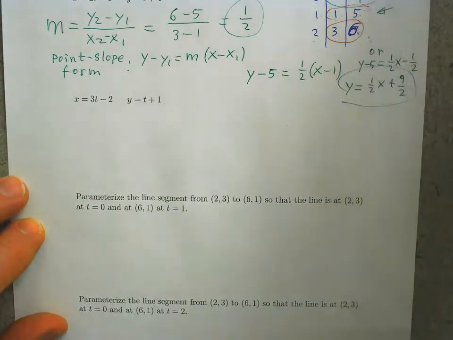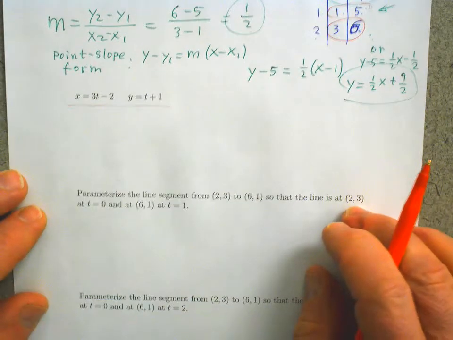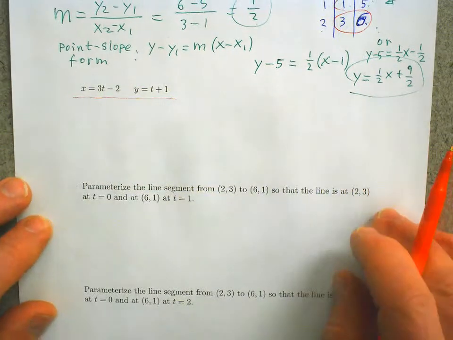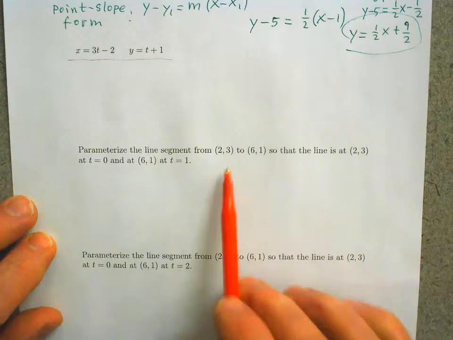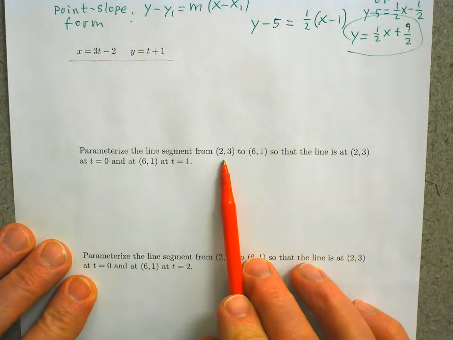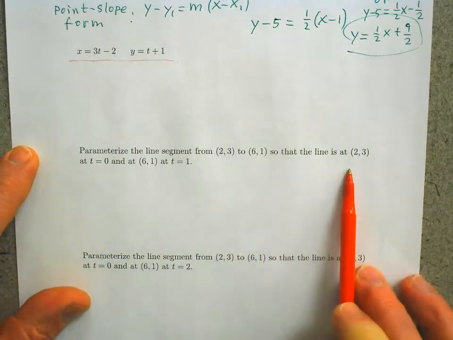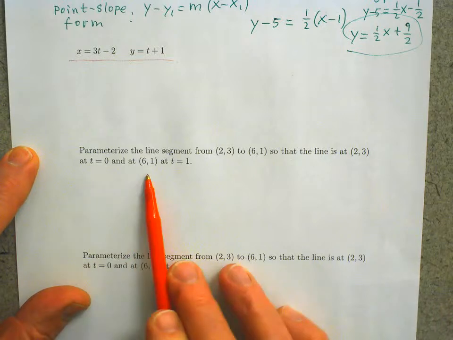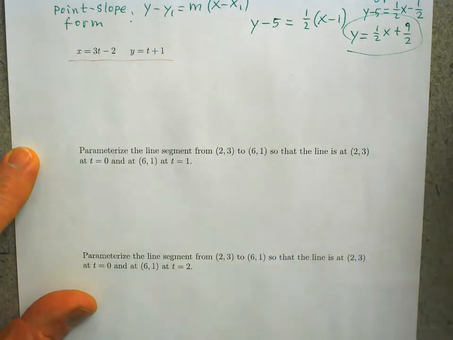The next example is similar. I'll leave this other one for you to do. And we know how to parameterize a line segment from a starting point to an ending point, if the first point corresponds to t equals 0 and the second point corresponds to t equals 1.